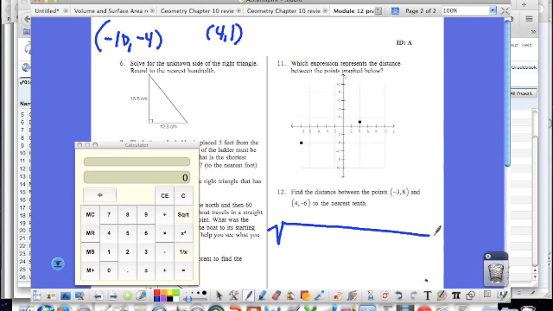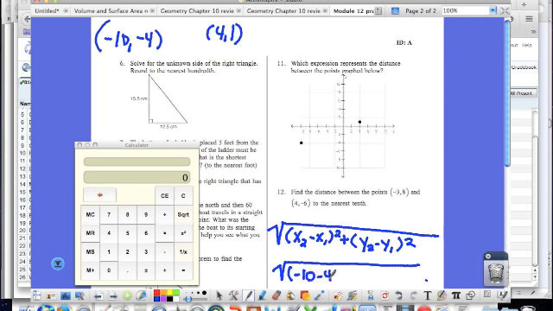I'm going to give you the formula: x2 minus x1, quantity squared, plus y2 minus y1, quantity squared. So negative 10 minus 4, quantity squared. It's not negative 10 minus 4 by itself. Quantity means it's in parentheses. Plus, quantity negative 4 minus 1, quantity squared.